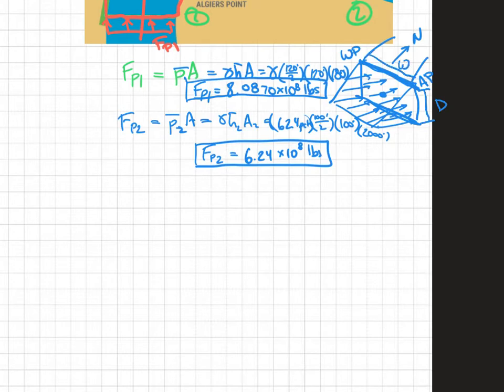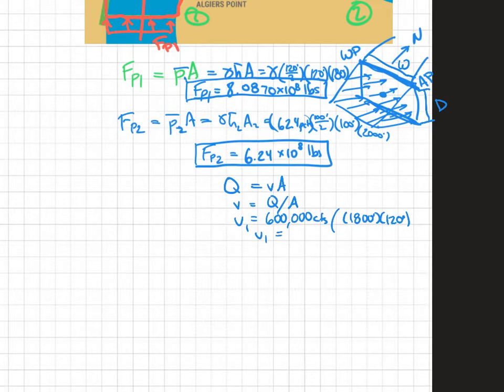So Q equals VA, so V equals Q divided by A. For V1, that's 600,000 CFS divided by the area, which is 1,800 feet times 1,200 feet. That's how you get V1, which ends up being an annoying 2.7778 feet per second.